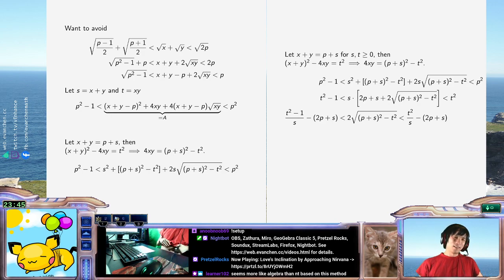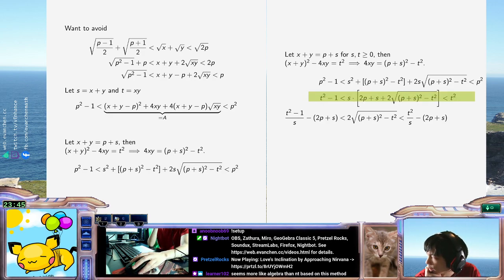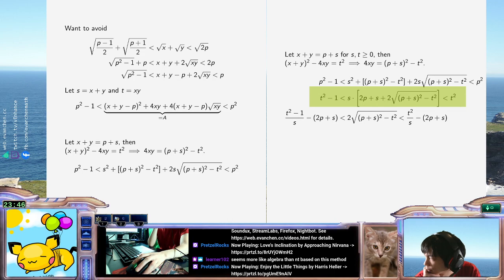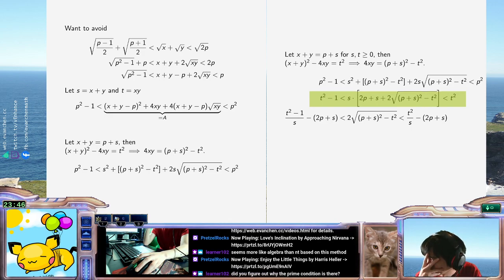Like, what else am I supposed to do, though? The problem is equivalent to saying that this can't ever hold, where s and t are non-negative integers. Well, I guess t is actually positive? Maybe? No, t doesn't have to be positive. t could be 0.